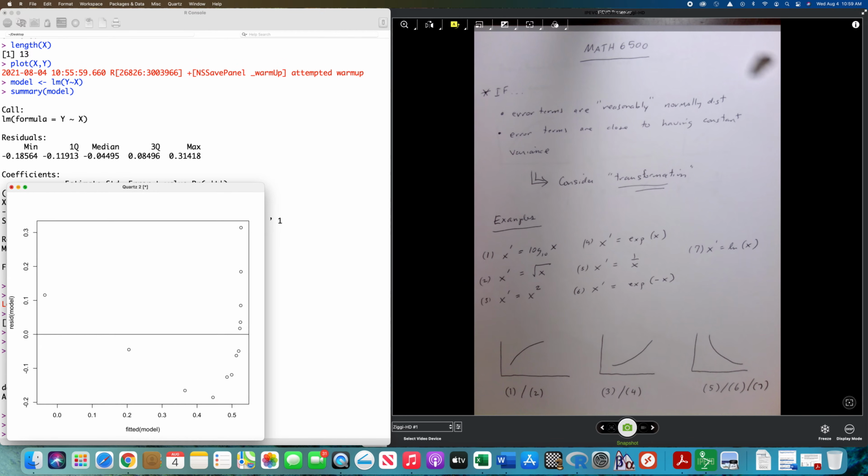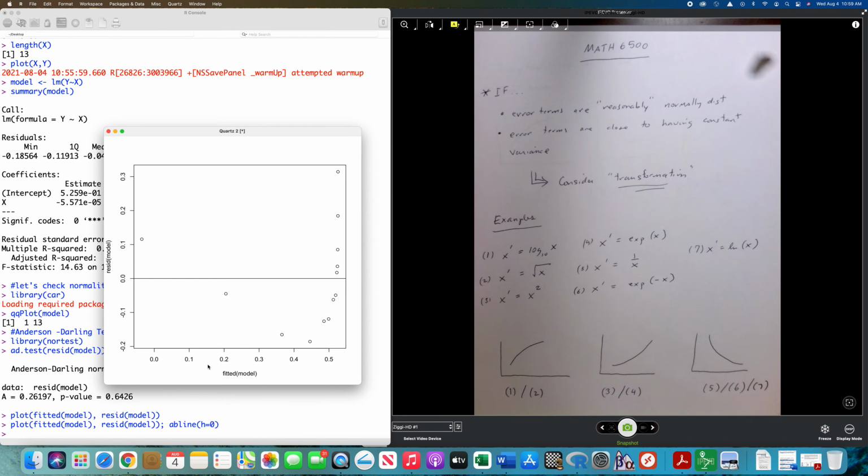I like having the horizontal line there. When I examined the residuals over the fitted values, again, this should look like a shotgun blast. It looks like anything but a shotgun blast. In fact, if you have a shotgun that's shooting this pattern, I don't think I'd want to shoot it because I don't think it'd be safe.